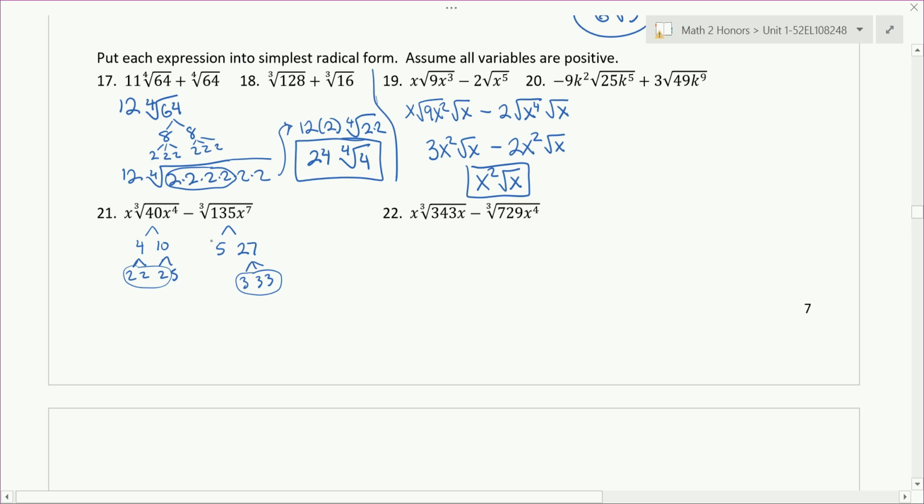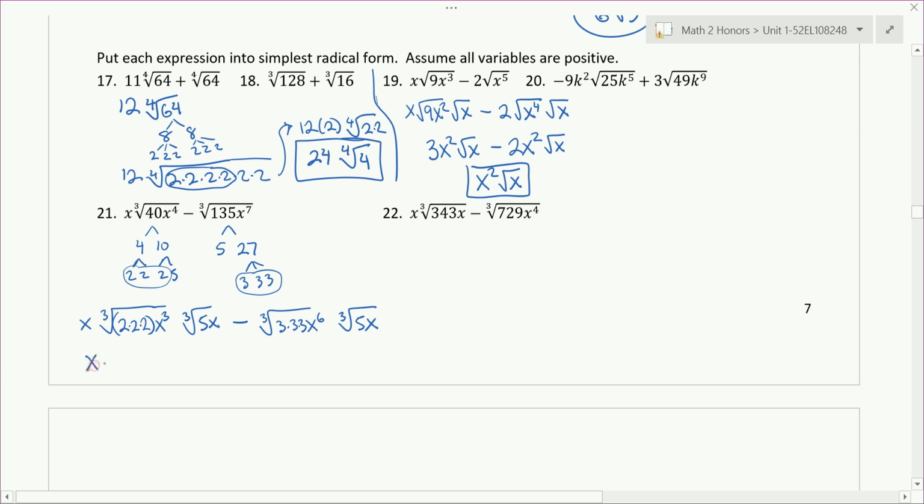And so for the first one, we have an x on the outside, cube root, I'm going to put 2 cubed here, and x to the third, and we're not going to be able to get rid of the cube root of 5x, minus cube root of 3 cubed x to the 6th, not going to be able to get rid of a cube root of 5x.